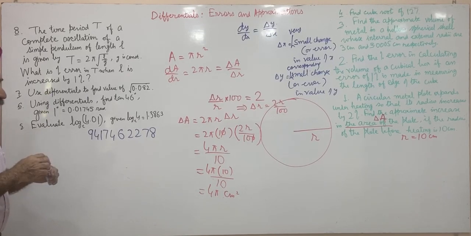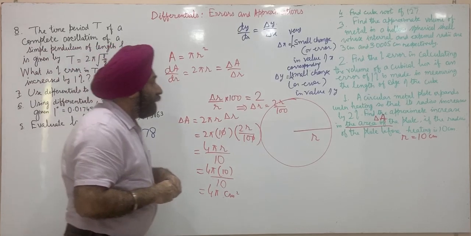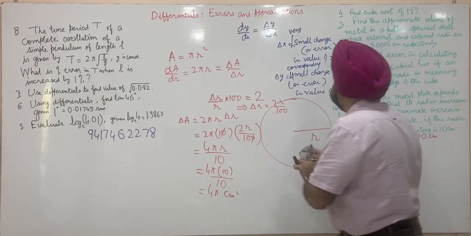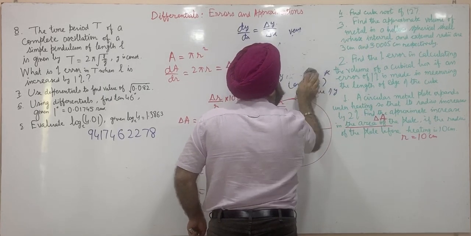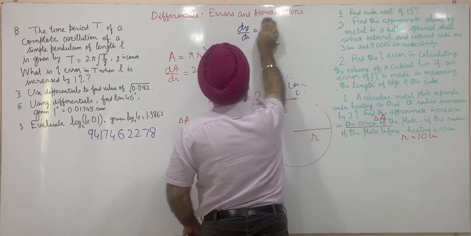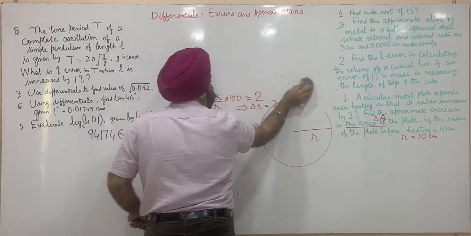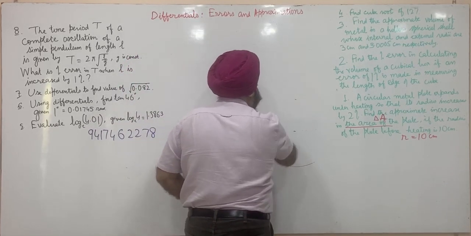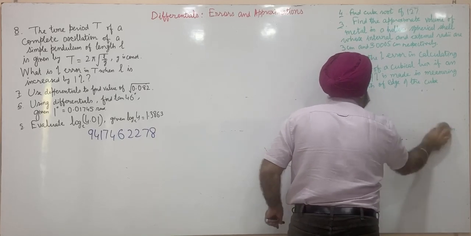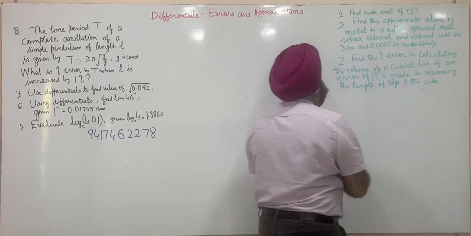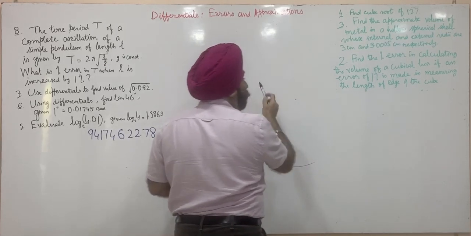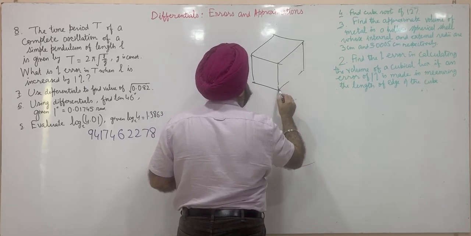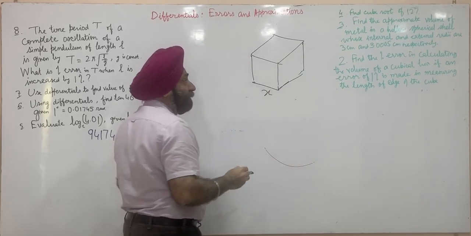The next one, we have to find the percentage error in calculating the volume of a cubical box. Let's say we have a cubical box like this, and the edge is x.